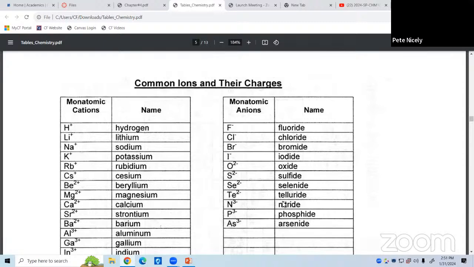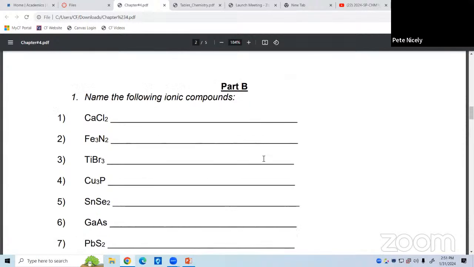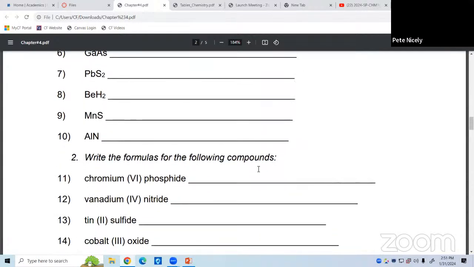Can you open number 11 on page 2? Number 11. Okay, so in this case here, chromium, this 6 here indicates that the charge on the chromium is +6, right? And the phosphide has a -3 charge, right?